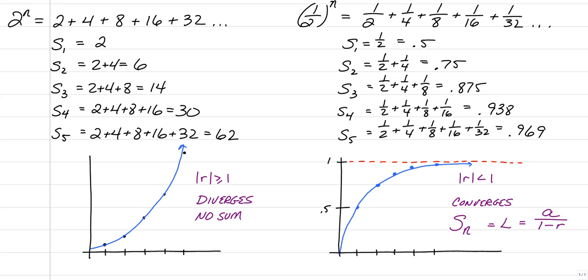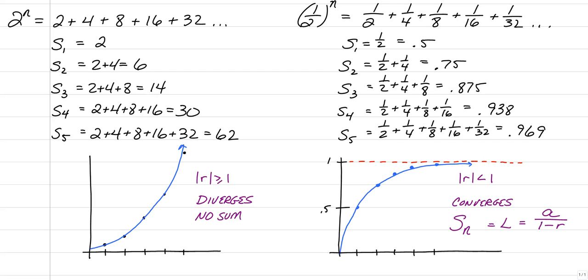Both have an initial term of 1, but in one we have a rate of 2, and in another one we have a rate of 1/2. And we're going to see what happens. If we were to just list out the first 5 terms, 2 raised to the n power would be 2, 4, 8, 16, 32. And of course, they would both start at 1 because everything raised to the zero power is 1.